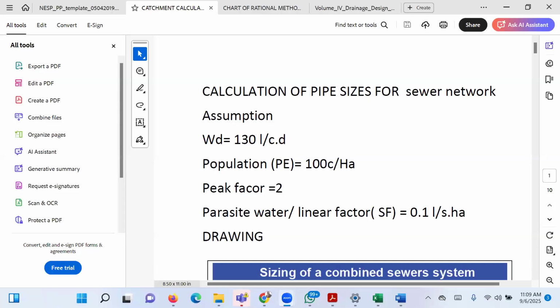Please open the PDF. My apology, my network went off. So open the PDF. Are you with me?